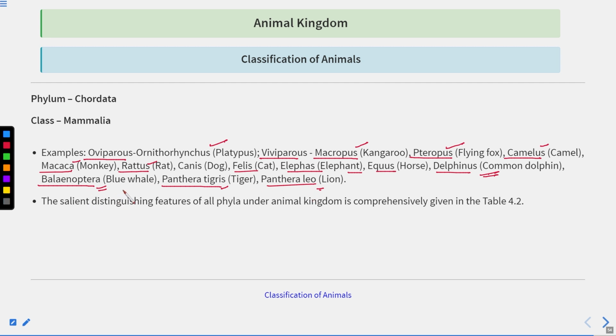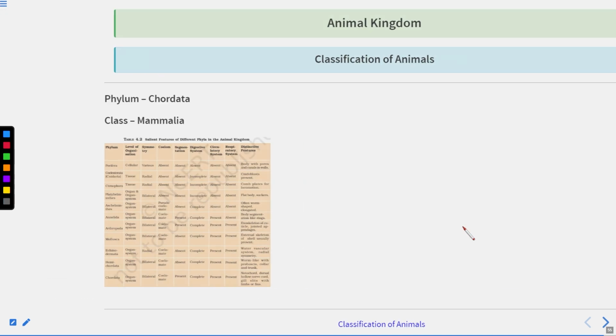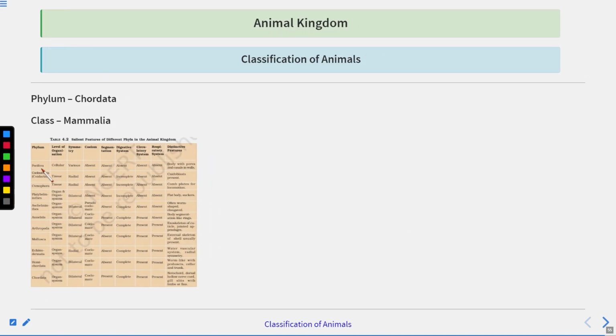So we can see some of the salient features that distinguish all the phyla under the animal kingdom. Okay, so let us see that table. Here we can see in the case of Porifera, cellular level of organization, symmetry is various. Coelom is absent. So we can see the coelom is absent till the phylum Platyhelminthes. Now, if we talk about segmentation, no segmentation is seen till here.